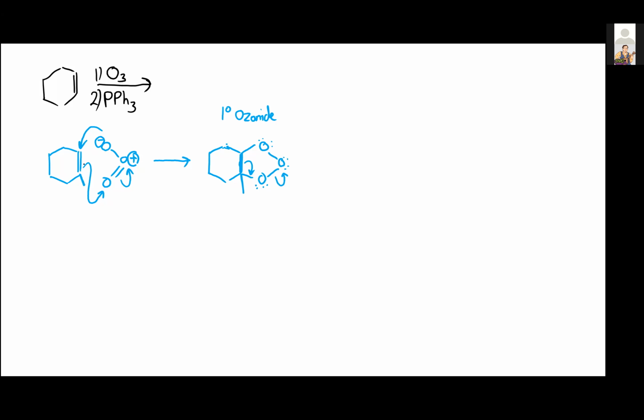There's no charge, so there's nothing attracting the negative to one side or the other. But you can't tell because this is a resonance structure of the other thing. It's not like one of these oxygens is actually more negative. They're both the same. It's just that I've drawn one of the resonance structures. It doesn't matter what's associated there. Substitution is irrelevant.